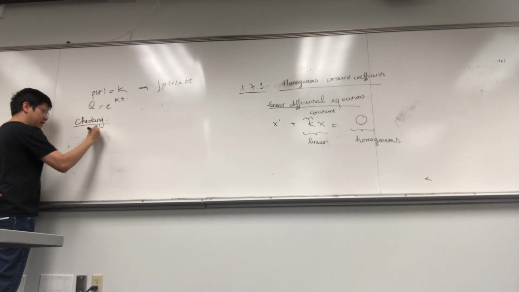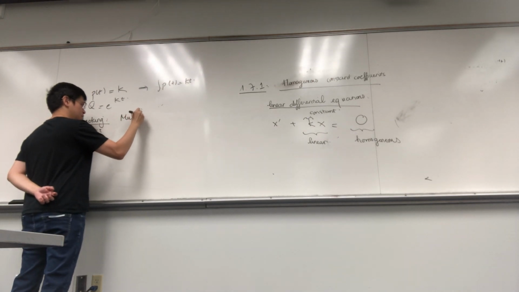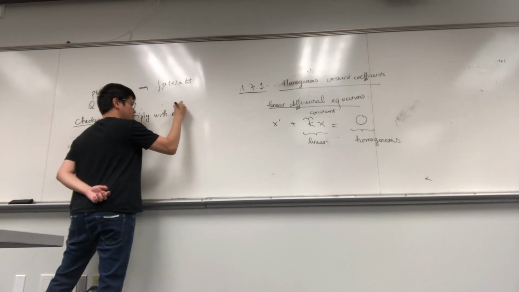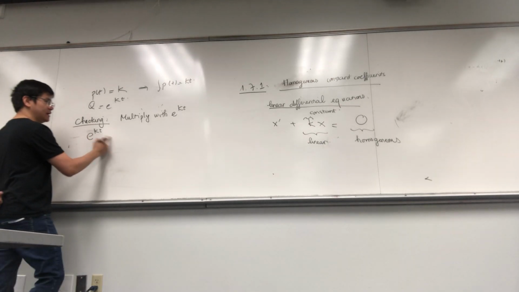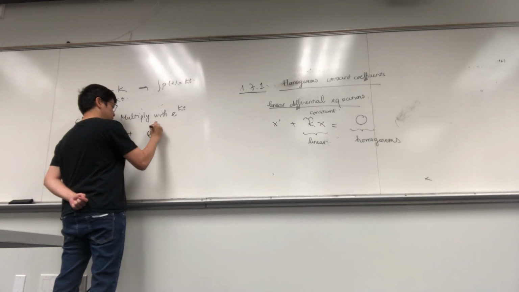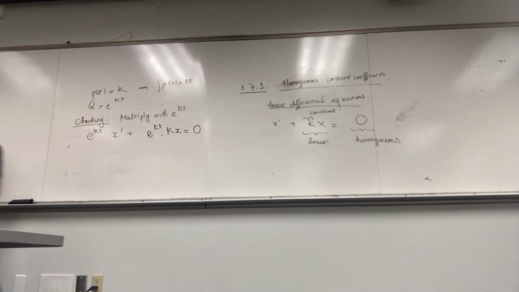You have e to the kt, so multiply with e to the kt. All right? So now you multiply both sides of the equation with e to the kt. You have e to the kt x prime plus e to the kt times k x is equal to 0, right?